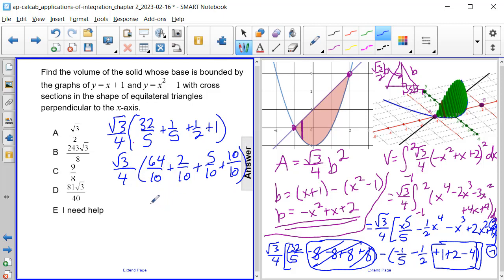So we're going to end up having 81/10. And then when we multiply these together, we get 81 times the square root of 3 over 40, which is answer choice D.